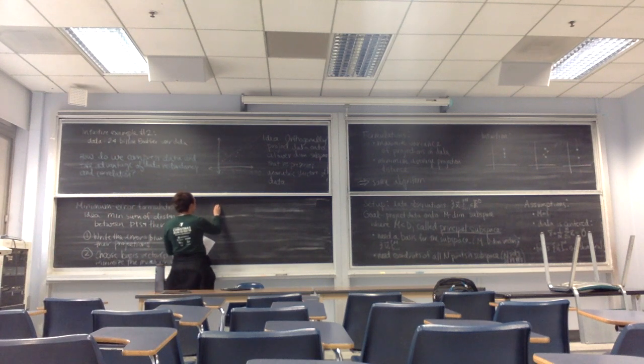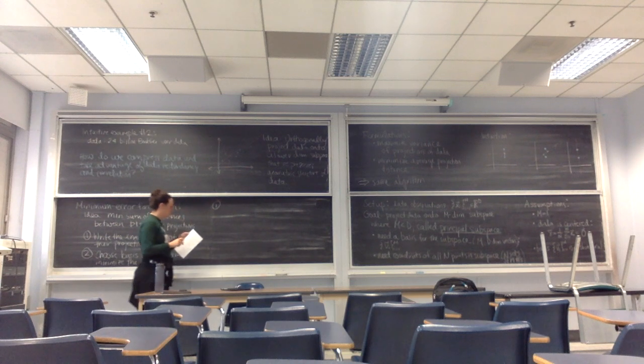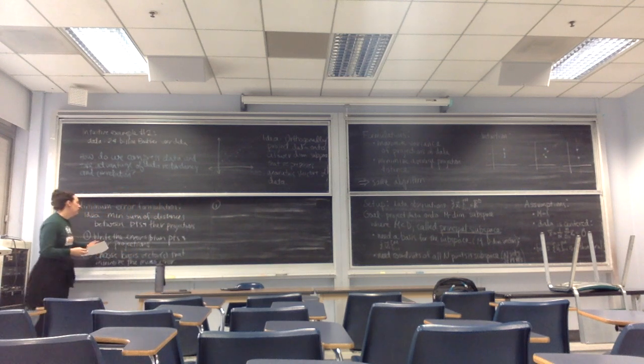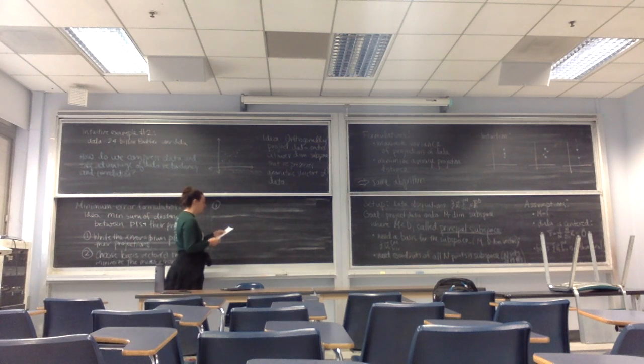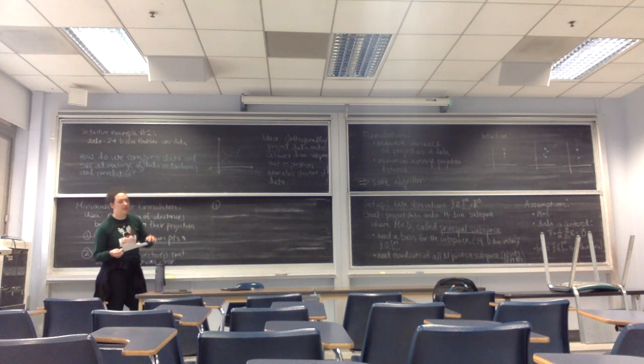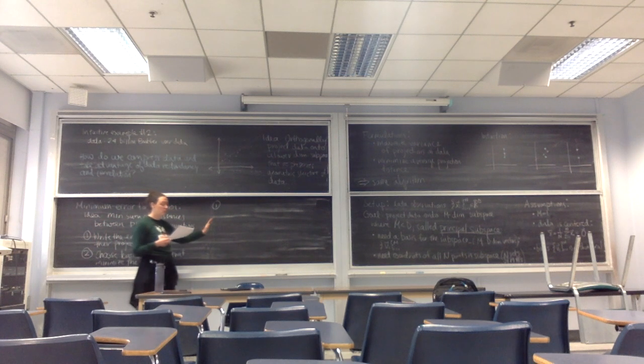Okay, so let's do this. Part 1, we need to write down the errors between the points and their projections. So let's think about what we can say about the points and their projections. First of all, our principal subspace, because we're one-dimensional, is a line through the origin in the direction of the basis vector v1.